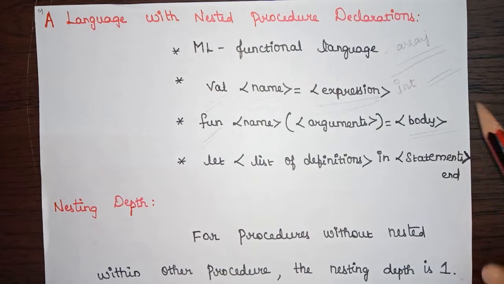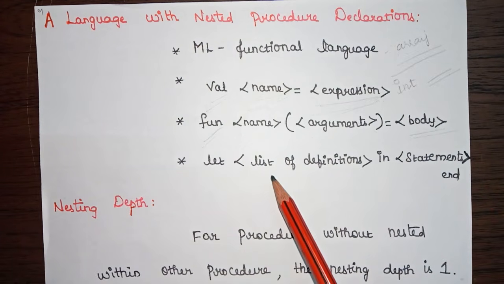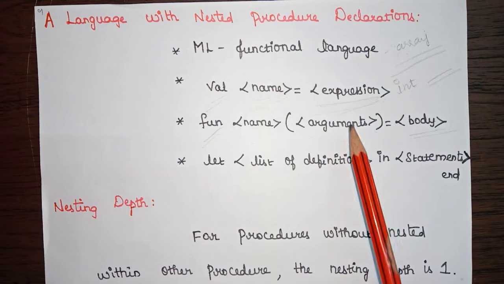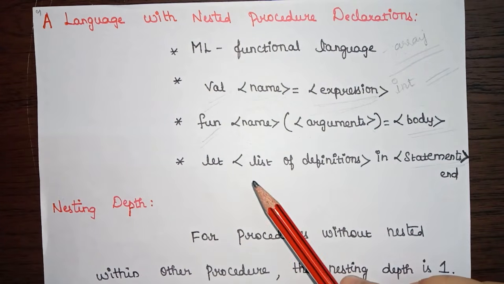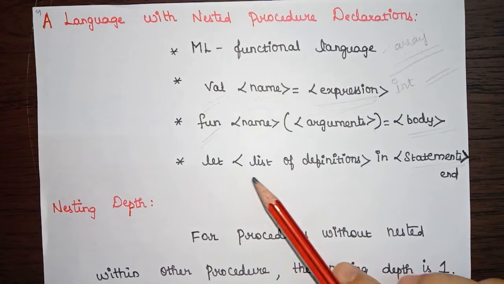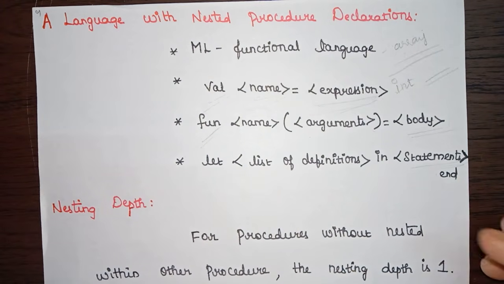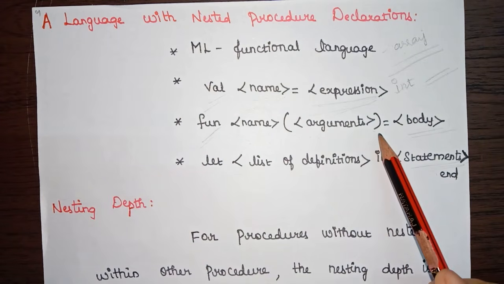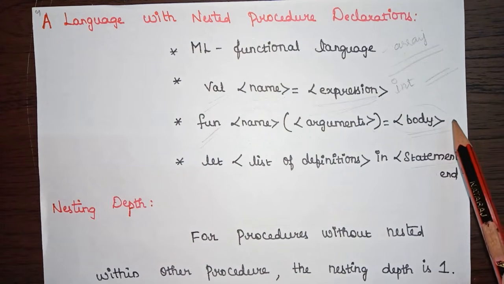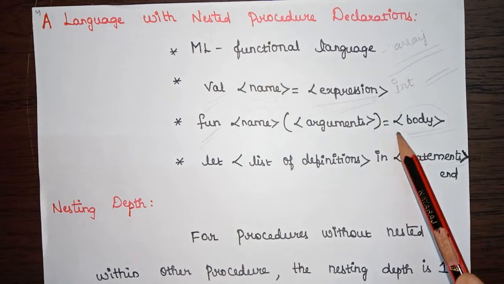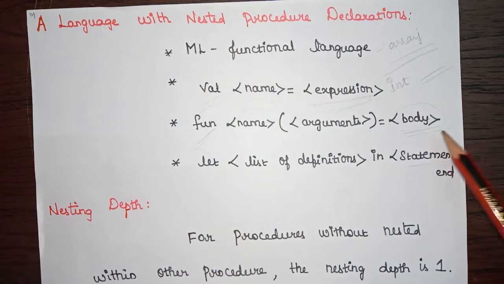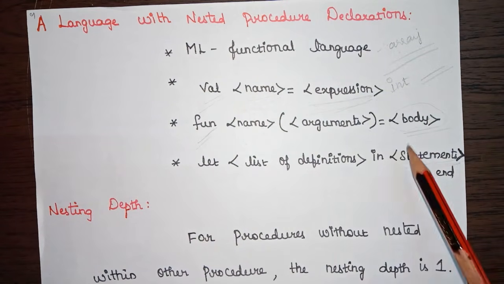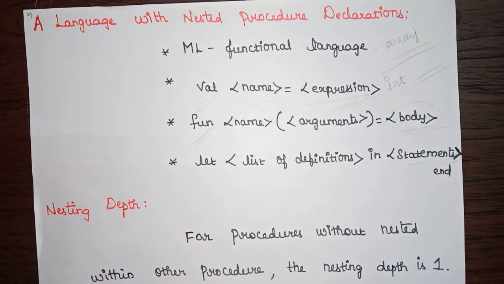A let statement consists of a list of definitions, the function definitions, followed by statements, and it is of this form. So when we are defining a function, inside its body we can also define another function. That is why we say that ML supports nested procedure declarations.